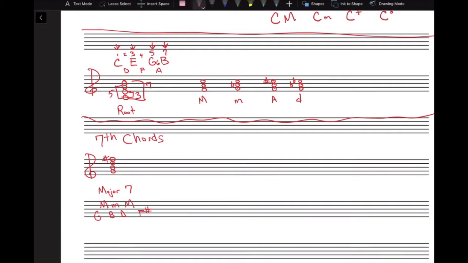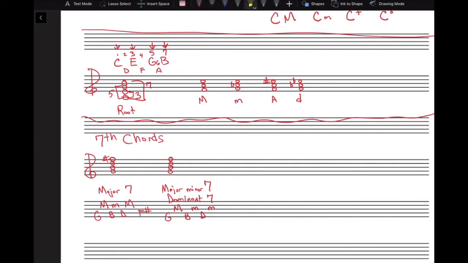Okay. If you spell G, B, D, F natural, this is known as a major minor 7, or another shorthand name is dominant 7. And this is a major minor minor. G to B to D, right?